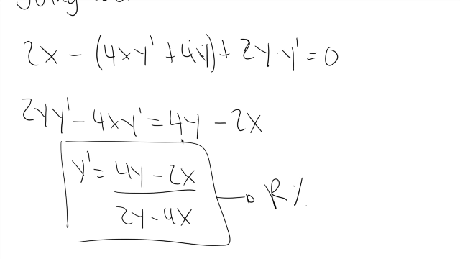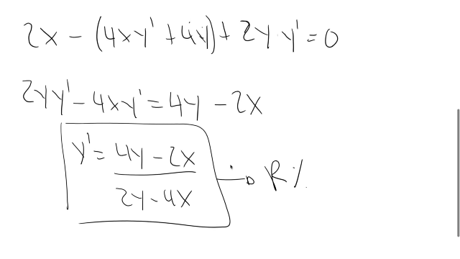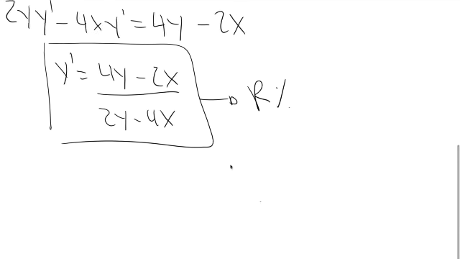So the entire answer of this particular exercise is that y prime is going to be equal to 4y minus 2x divided by 2y minus 4x. Don't worry, I'm going to go over another example and see if it helps to clarify a little bit more.